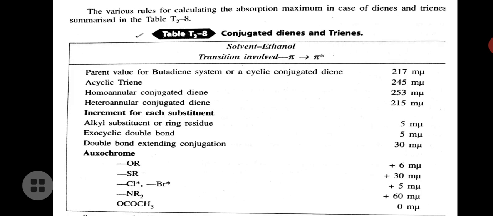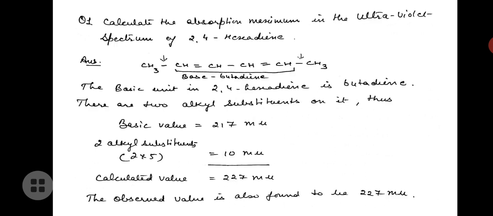Now see in the table, the base value for the butadiene system is 217 millimicron. So it is written, 217 millimicron is the basic value, and for 2 alkyl substituents, it becomes 2 into 5 is equal to 10 millimicron.